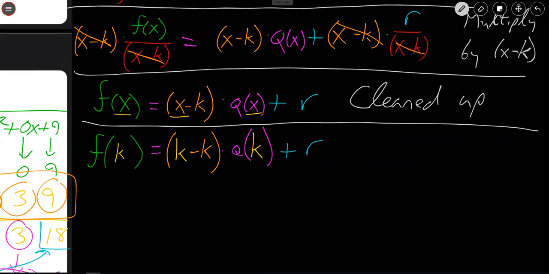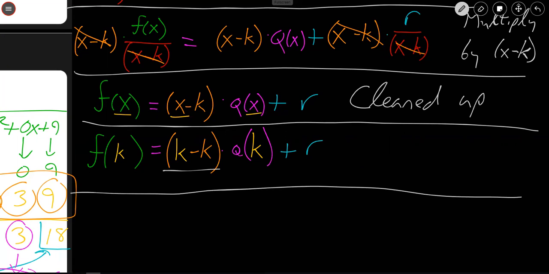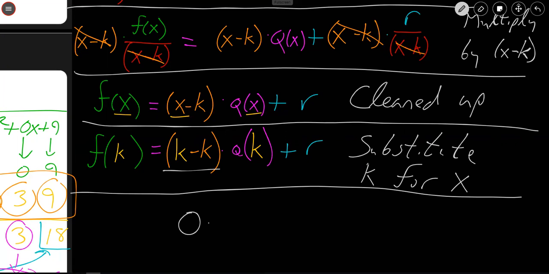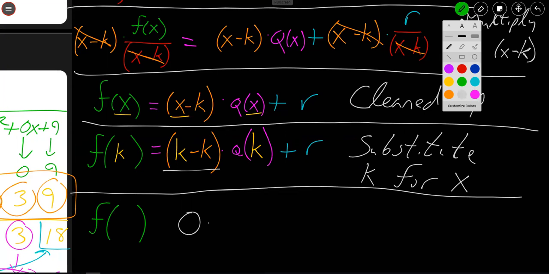Well, if you think about this very quickly, any value subtracted by itself is going to be 0. Or any value minus itself is going to be 0. So if any value minus itself is 0, that means that k minus k is going to have to equal 0. And now I can write out my problem or my equation again.